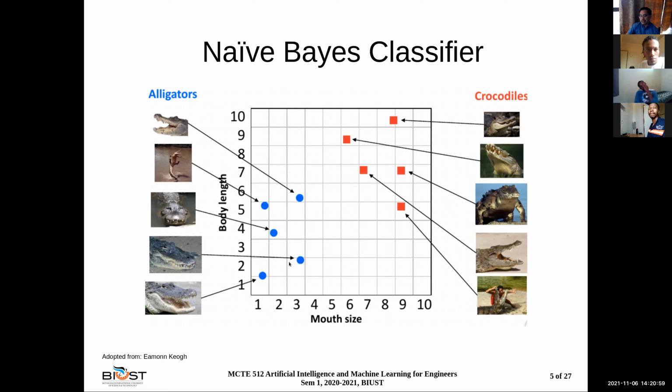Also in terms of body length, the alligators are smaller and the crocodiles are bigger. So if you plot the mouth size and the body length, the cluster of alligators will be on this side, smaller mouth and smaller body length, compared to crocodiles with bigger mouth and bigger body length.